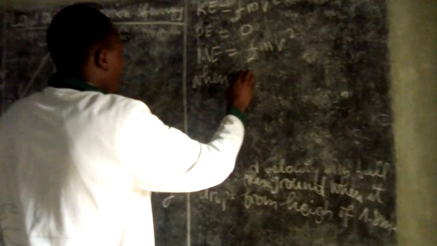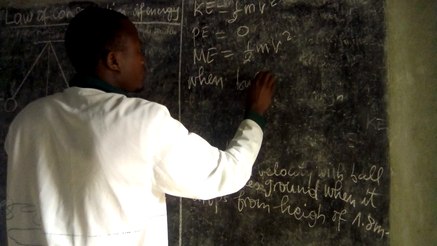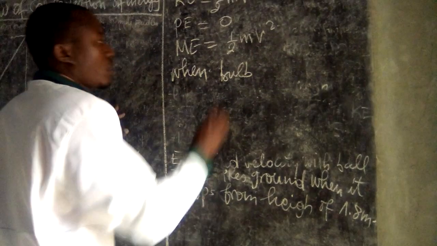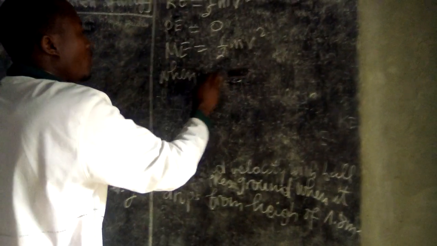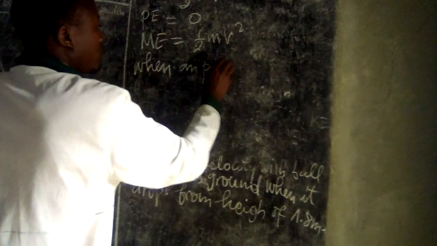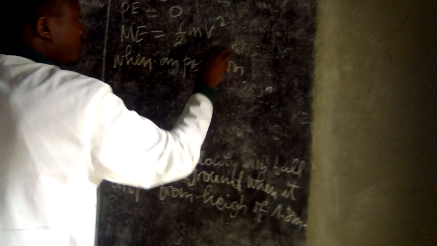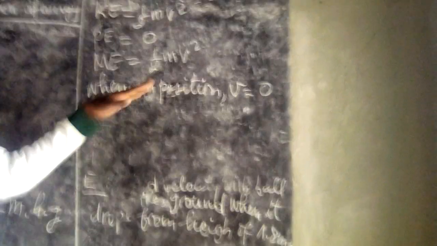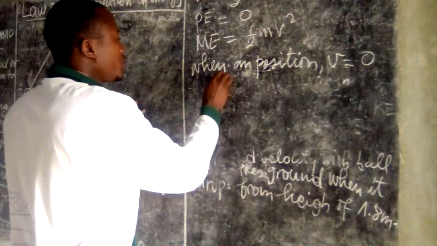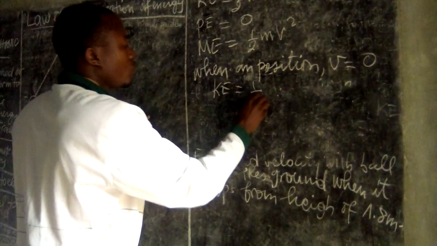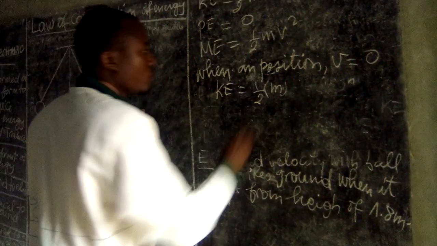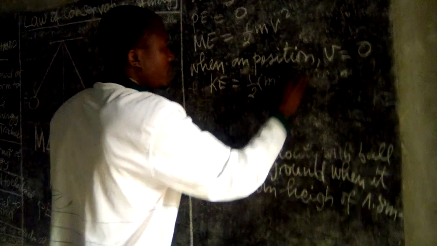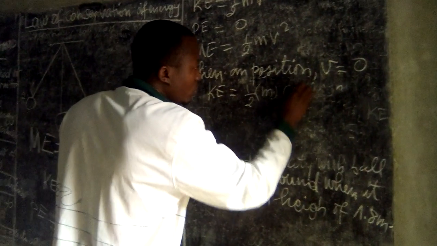When the bob gets to that position, the velocity of the bob is equal to 0. It means that kinetic energy equals 1 over 2 times the mass of the bob times v squared, where v is equal to 0.